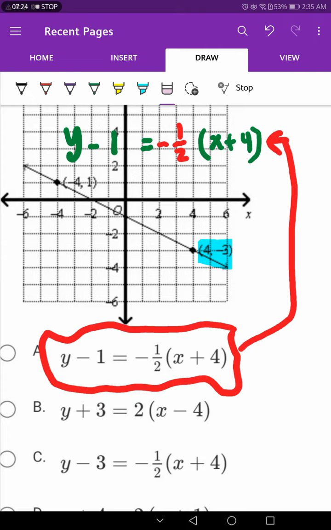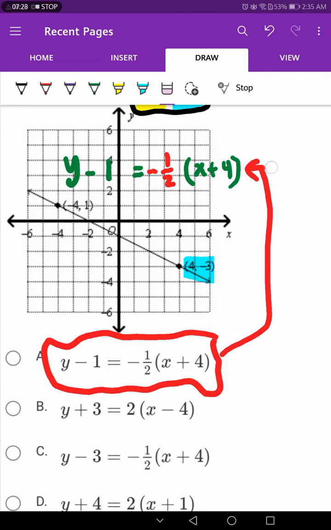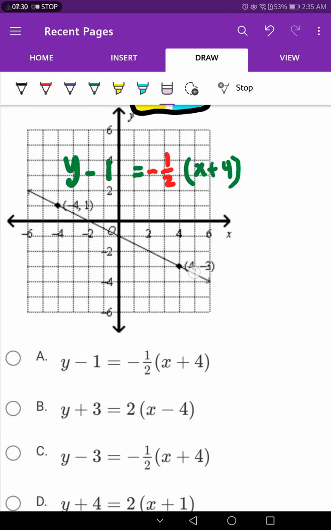But if you cannot find your equation among the equations here, you have to try the second point, which is the blue one. Okay? So this is x, and this is y, and you replace the x here.